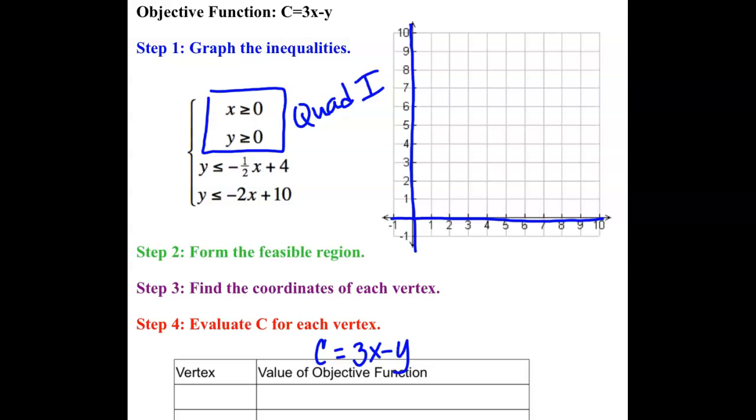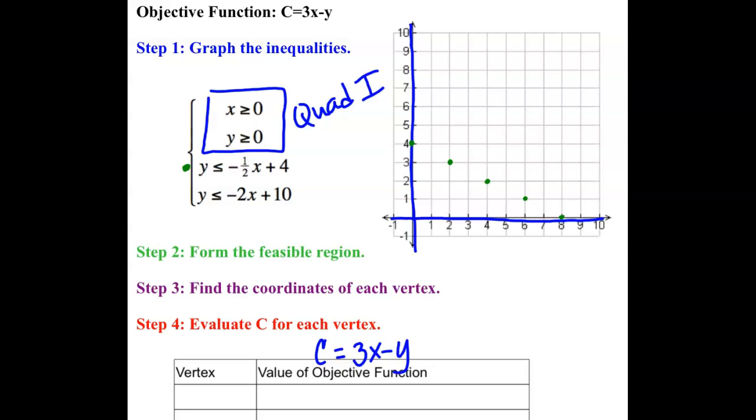All right, let's go ahead and graph our first slanted inequality here. We have y is less than or equal to negative 1/2 x plus 4. So we are going to start at 4, and we're going to do a slope of negative 1/2. Again, we want to be as exact as possible.